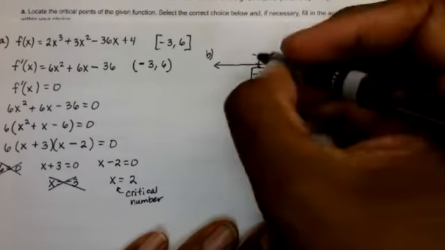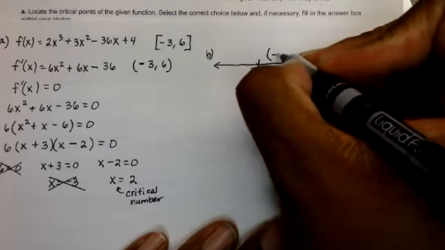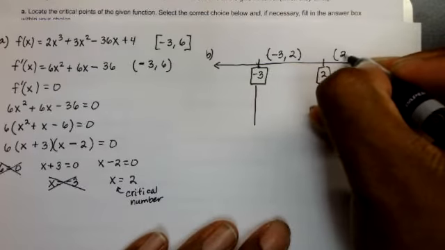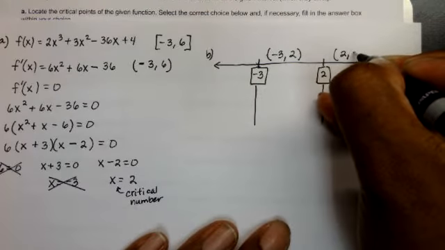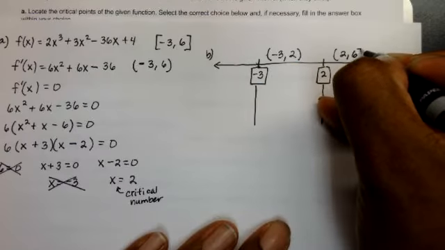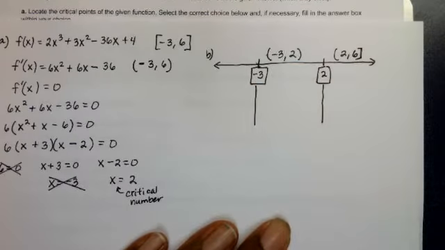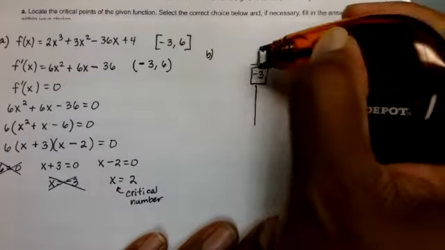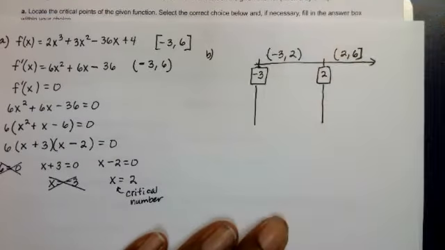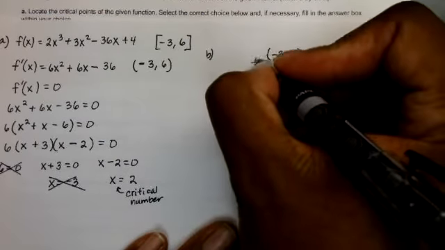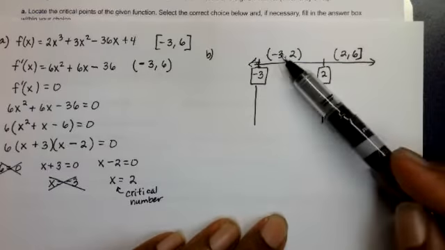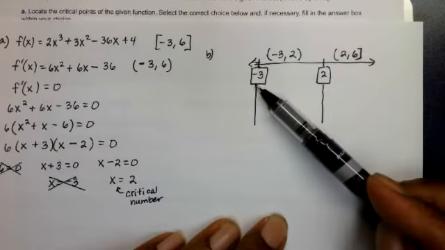So this interval will be from -3 up to 2, and then from 2 to 6. I really don't need this part right here, because I need to only focus from -3 to 6, and -3 will not be included.